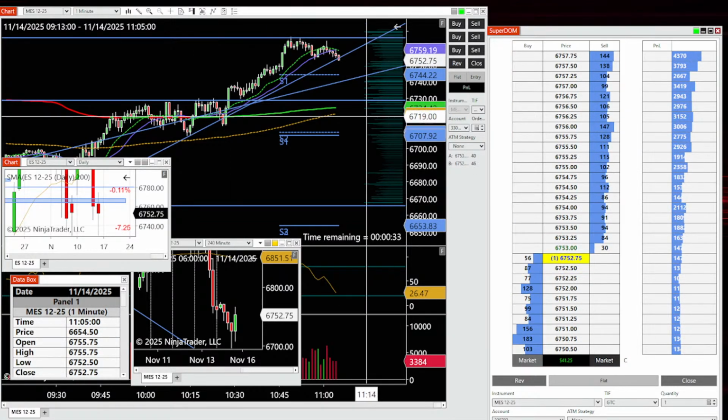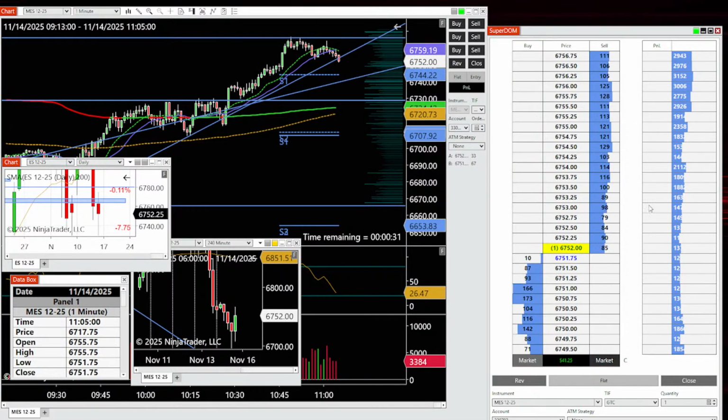So the 58 would have been nice for the short. Just took it and held on to it.